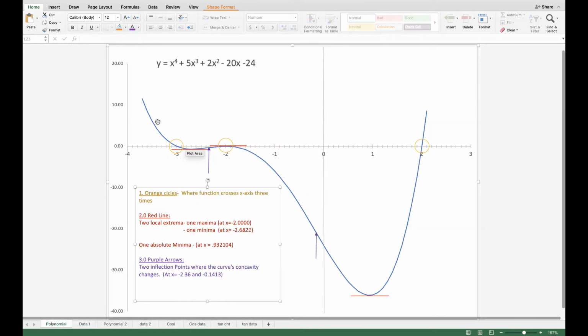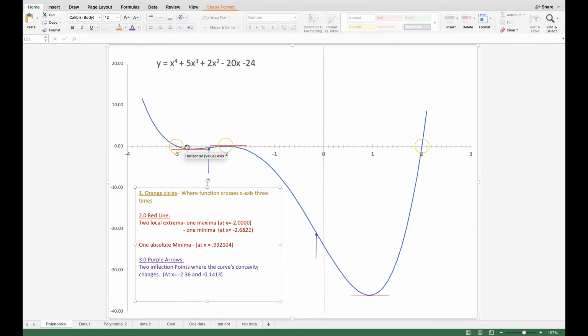And then the curve, you can see the curve is cup-shaped because from minus 2.68 to minus 2.35, the curve values are positive, and that means it's cup-shaped, or you can think of it as being able to hold water.